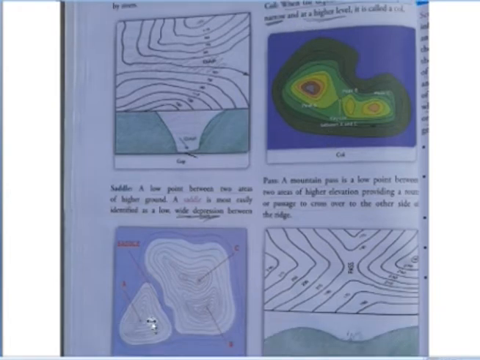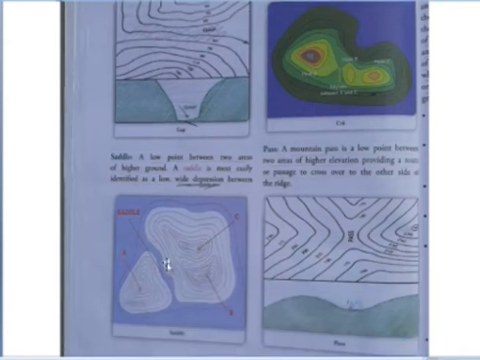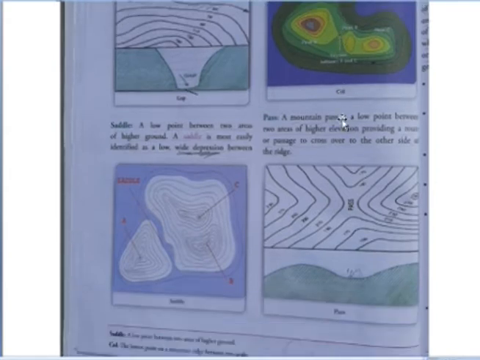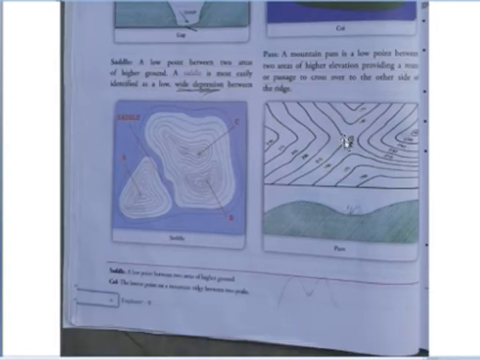If we compare a saddle and a col, in the saddle the depression is wide, meaning the gap between these two highlands is much wider, but here it is very narrow and at a high level, so it is a col. And what is a pass? A pass is a point between two hills or two high surfaces.